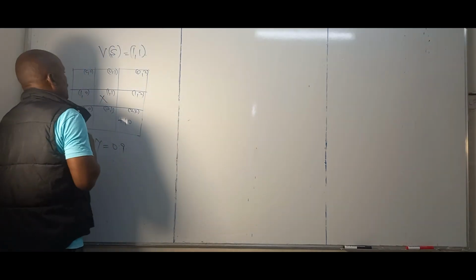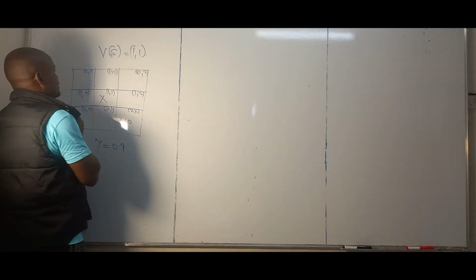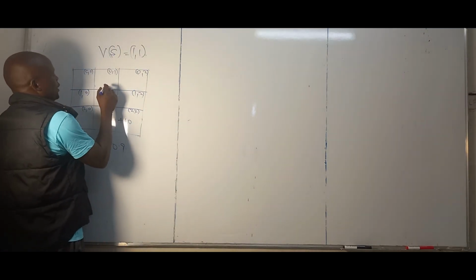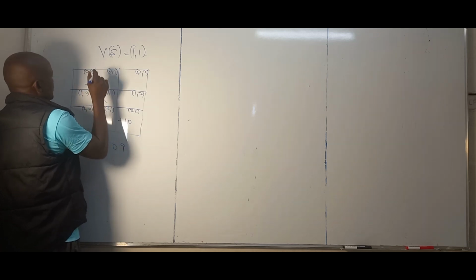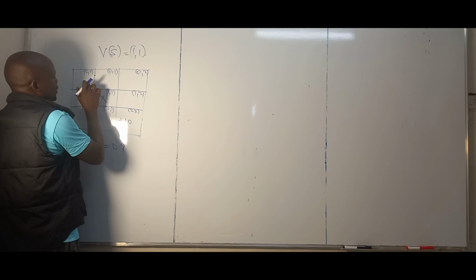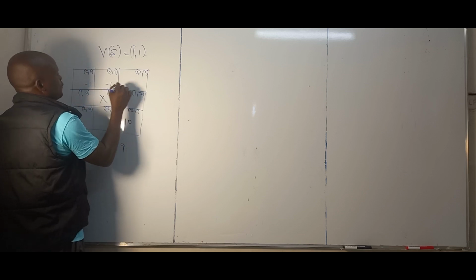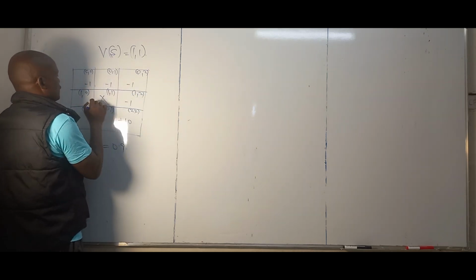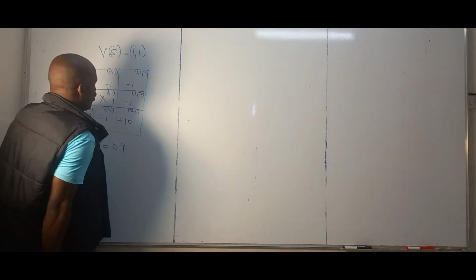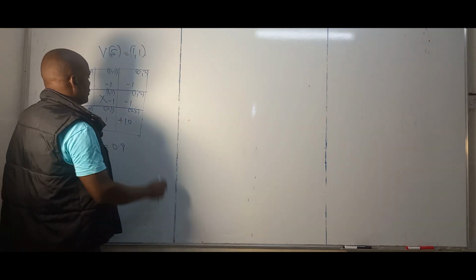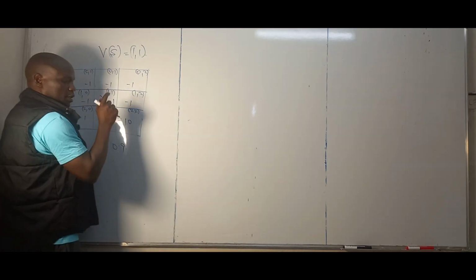So starting from here, -1, -1, -1, -1, -1, -1, -1. The only node that has a reward is node 2, 2.